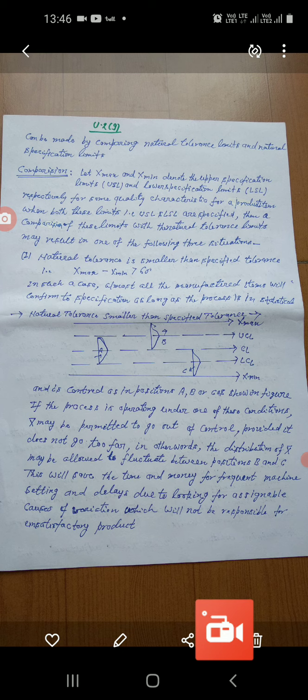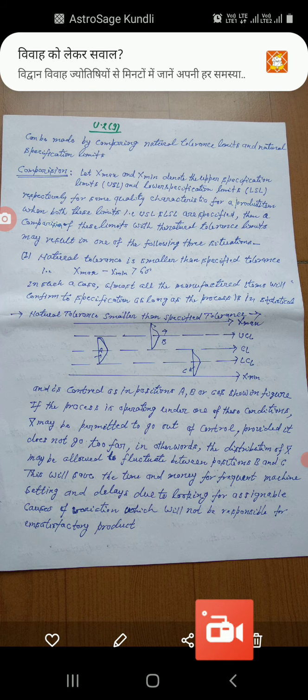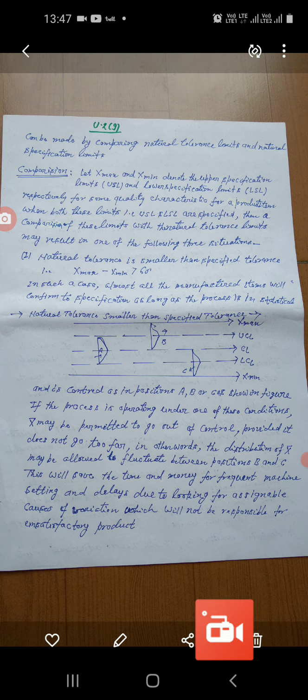And this is the figure where natural tolerance is smaller than specified tolerance. We suppose that X maximum and X minimum denote the upper specification limit, denoted by USL, and lower specification limit, denoted by LSL, respectively, for some quality characteristic of a product.